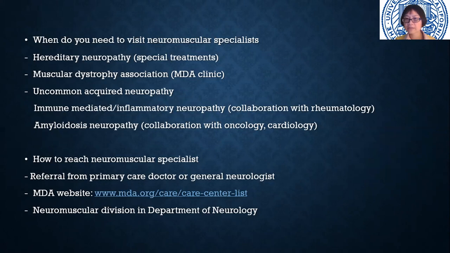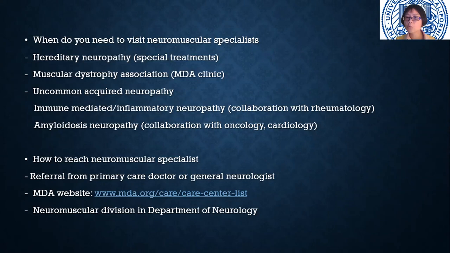This is a very specific, rare neuropathy. At UC Davis, we have a multidisciplinary team to manage this special neuropathy. And we collaborate with oncology, cardiology, specialty pharmacy, as well as nephrologists to help the patients with amyloidosis neuropathy.